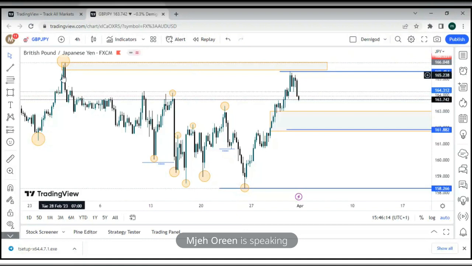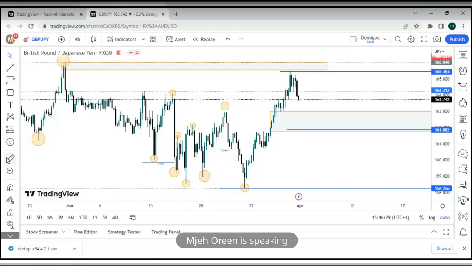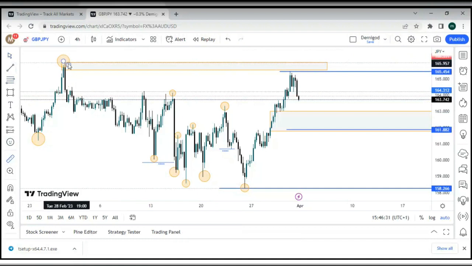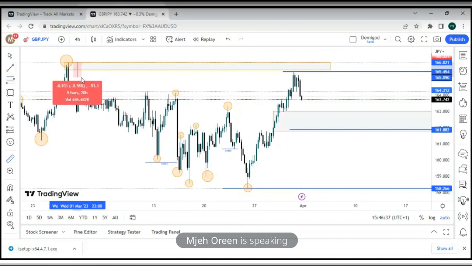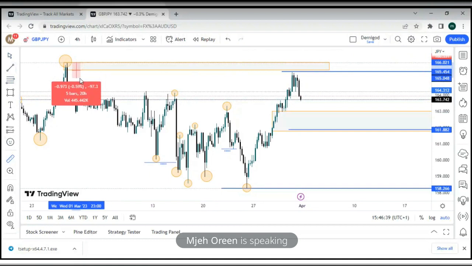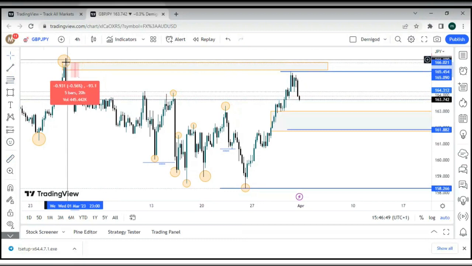But I took 50% of it because if I measure this using my Fibonacci tool, taking a full risk entry with that, let me show you how many pips this was. You see, taking a full risk entry with this gave me almost 100 and something pips, which is not very fair to me.